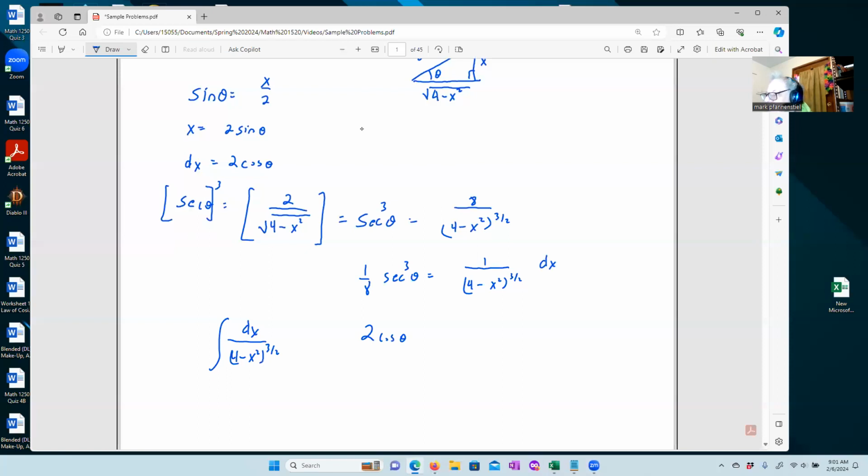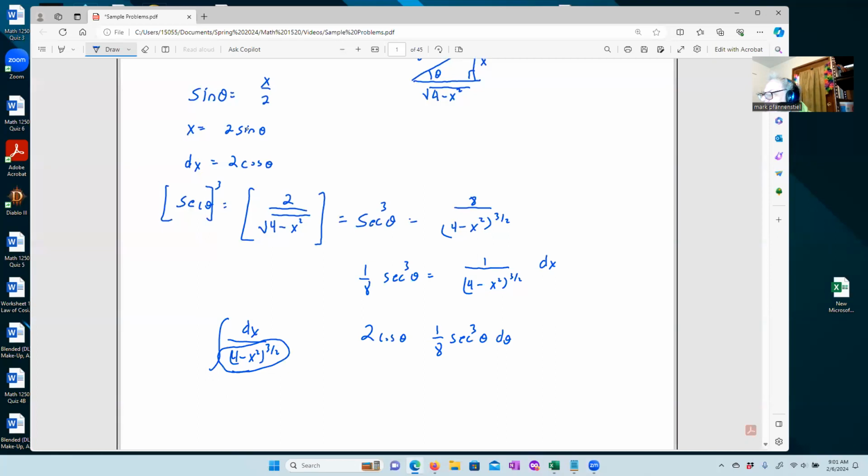So we just plug in my dx was 2 sine theta, sorry, 2 cosine theta. The 1 over 4 minus x squared to the 3/2 here is going to be 1/8 secant cubed theta. I already have my d theta because that's for my cosine.